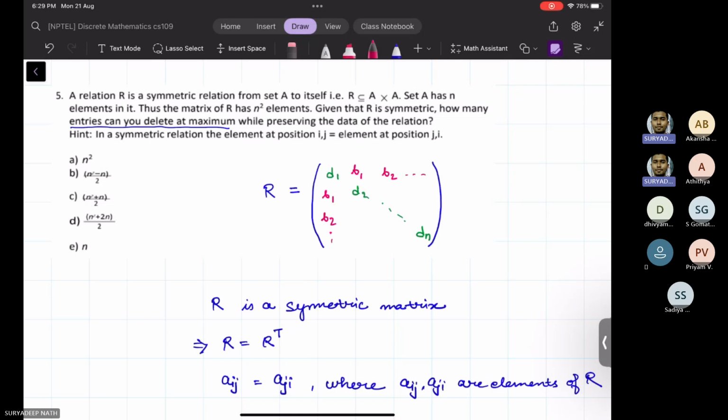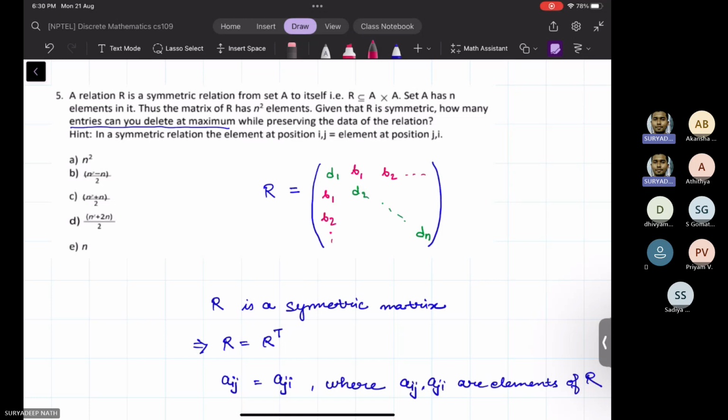Now, can anyone tell me, if you are given a symmetric matrix, how many elements can I delete from this R and still reconstruct R? Can anyone take a guess how we'll go ahead?